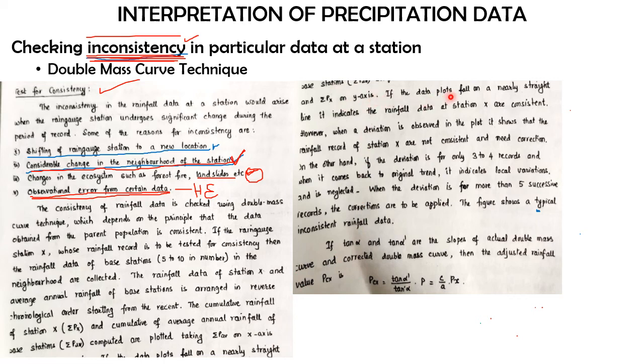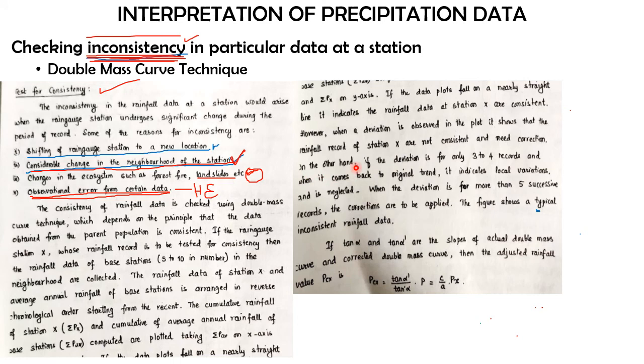If the data plots fall on a nearly straight line, it indicates the rainfall data at station X are consistent. However, when a deviation is observed in the plot, it shows that the rainfall records of station X are not consistent and need correction.